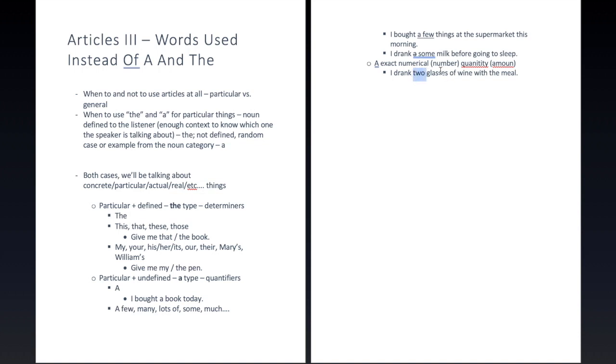It's telling us that we have a concrete, particular, real thing, but that we just have random examples. All right, and later I could say the glasses were filled to the top, for example.